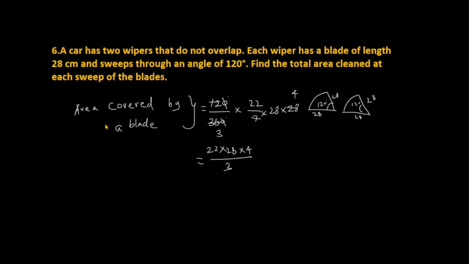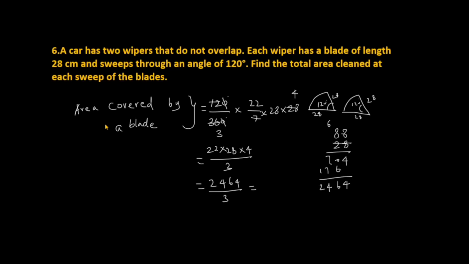Now 22 into 4, 88, 88 into 28, 8 8s are 64, remaining 6, and 64 70, so 2464 by 3.